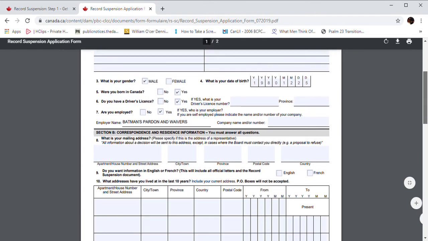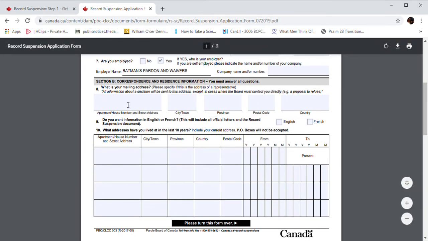Mailing address 818 Oh, there we go again. 818 Main Street, Surrey, BC. Ooh, you guys get the gist of the rest.